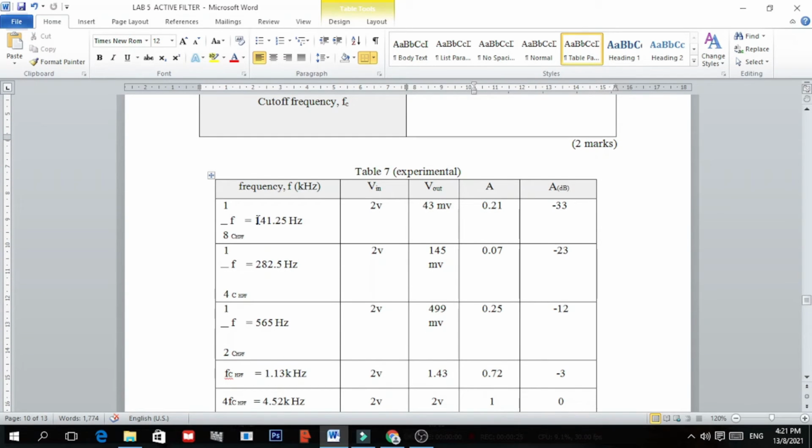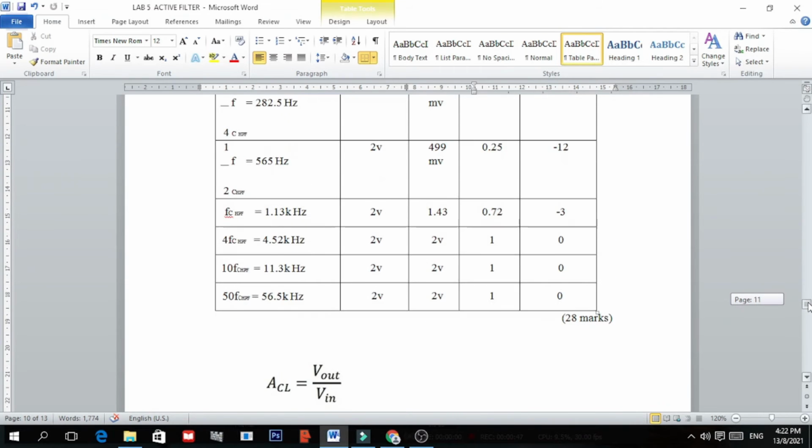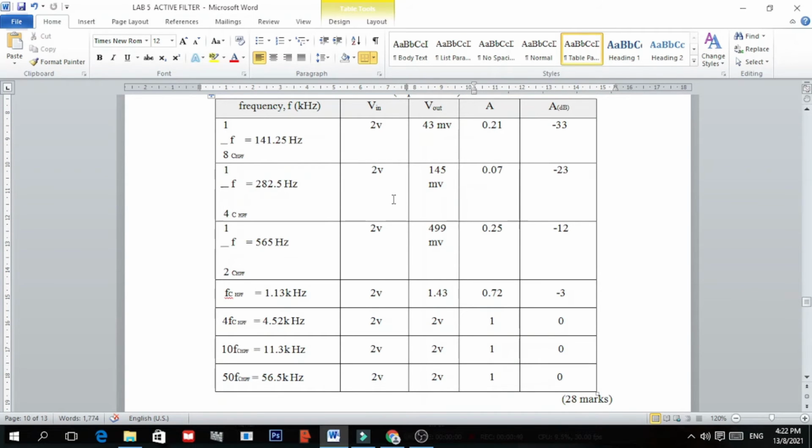If you multiply it by the value that is given, you might get 141.25 hertz, and for this 282.5 hertz, and you can see the values here: 565, the same value 1.13, 4.52, and so on. As for Vin, it is constant, that is 2 volts. As for Vout, we need to find out from Multisim.